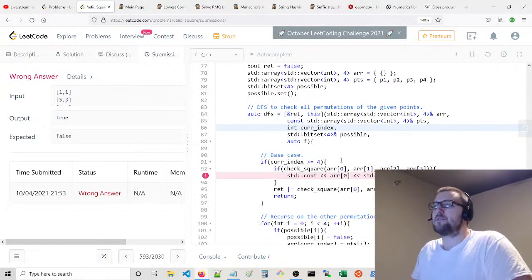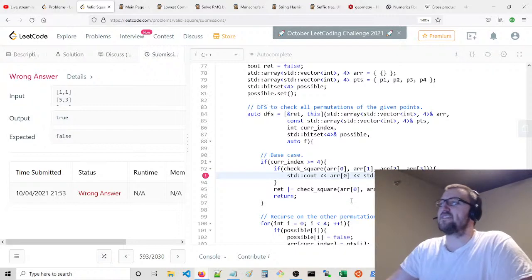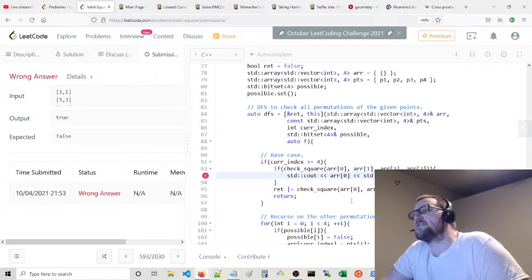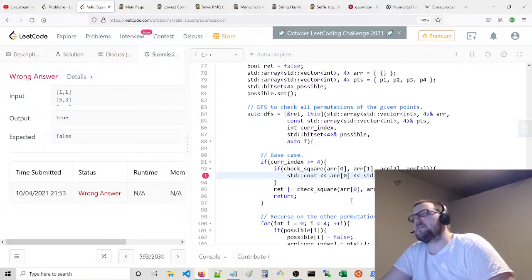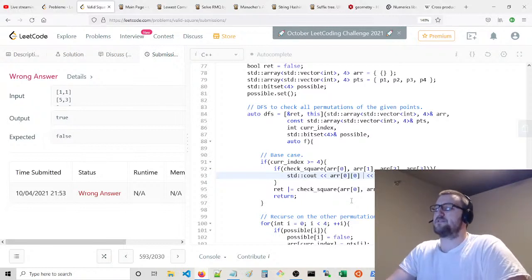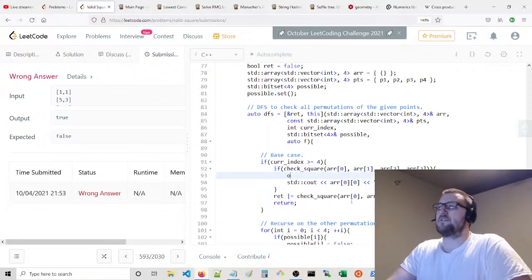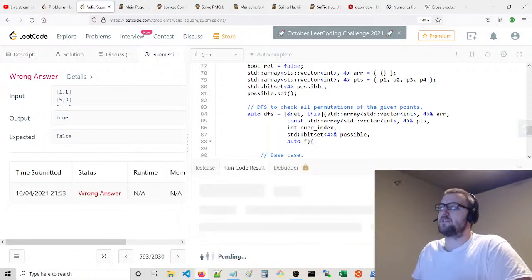Got it, it won't print what you'd like it to. These are vectors, right? So array 0, 0, 1. I can actually just do a, we're going to save a little bit of typing, print this.